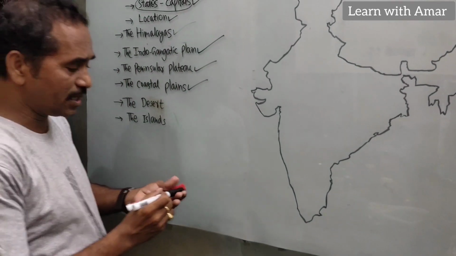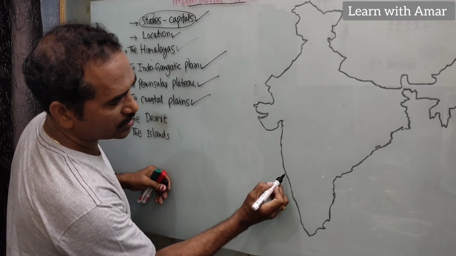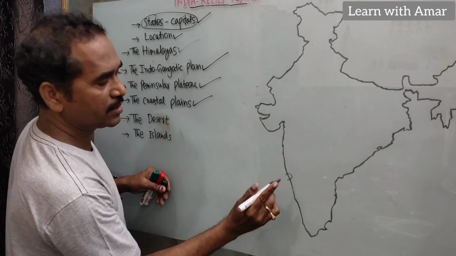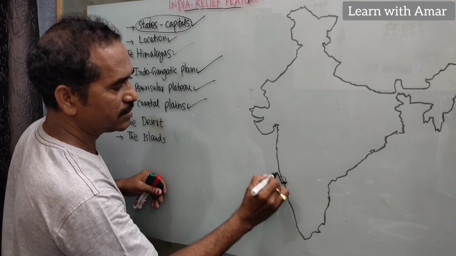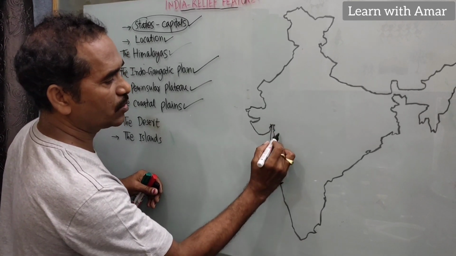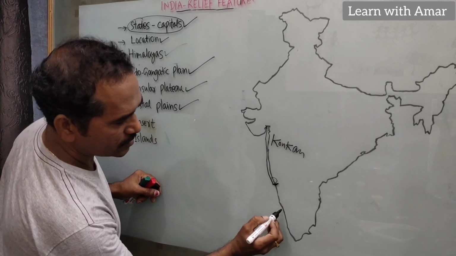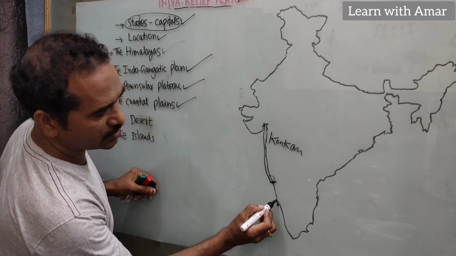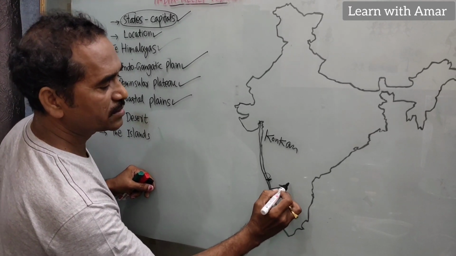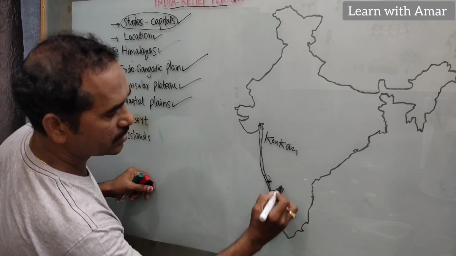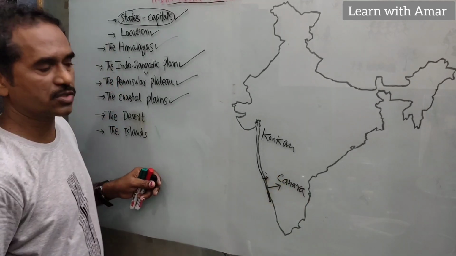Coastal lines are called different names. You draw at the center Goa, up to Goa, from here coastal state, up to Goa, it is Konkan coast, up to almost Karnataka coast is known as Canara.